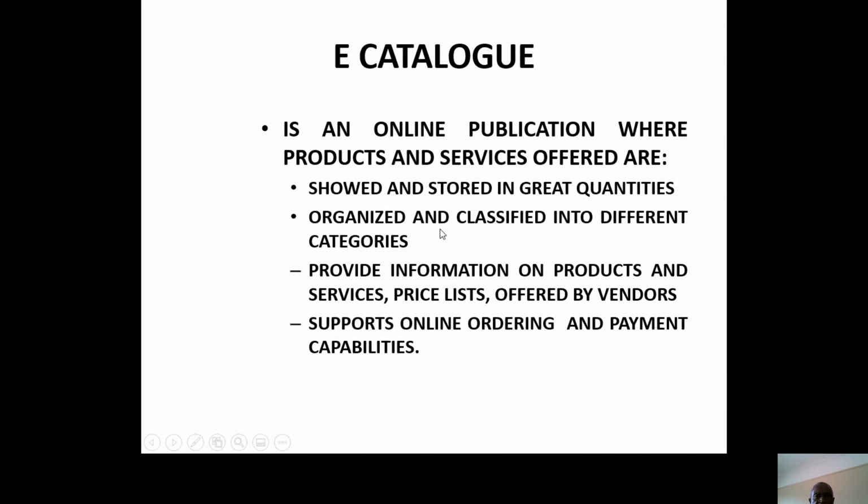Now it is an online product where products and services offered are showcased and stored in great quantities, organized and classified in different catalogs, providing information on products and services and price lists offered by vendors, and supporting online ordering and payment capabilities.